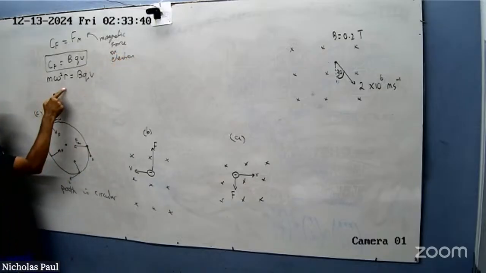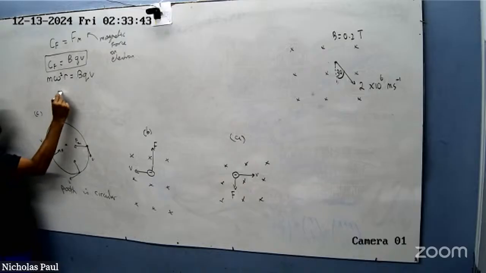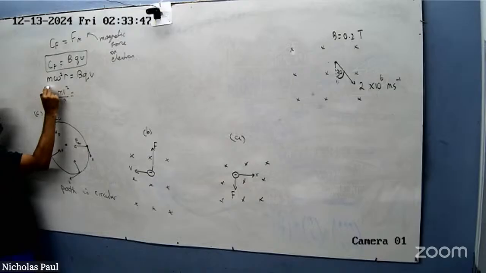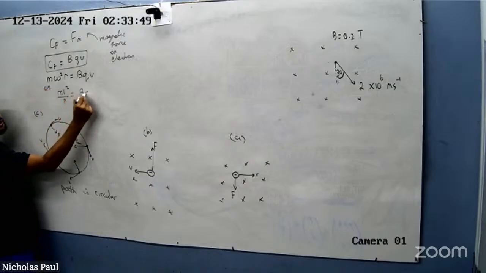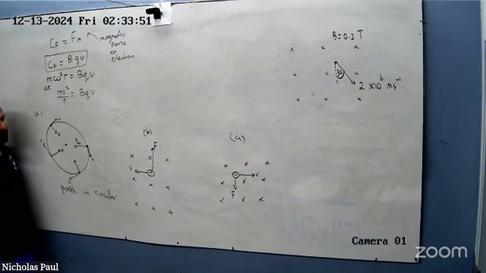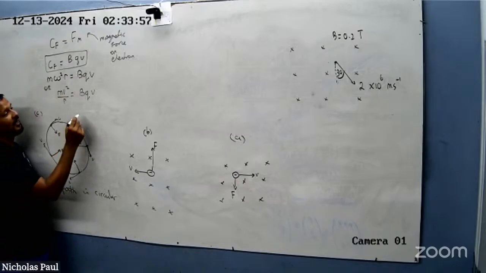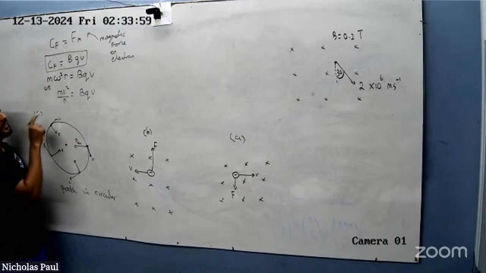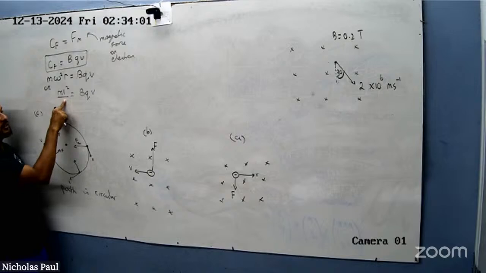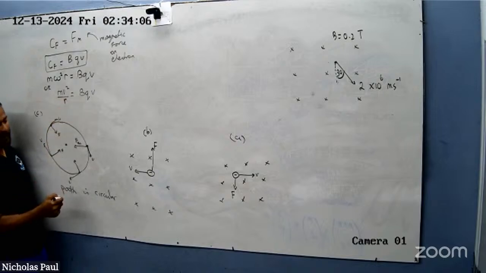So we could use this version, or I was really hoping to hear this version, mv squared on r. That's the one I was looking for. And then you can rearrange what you need.